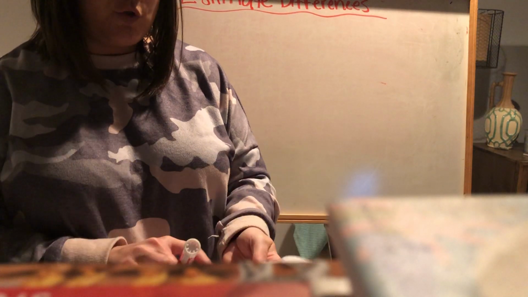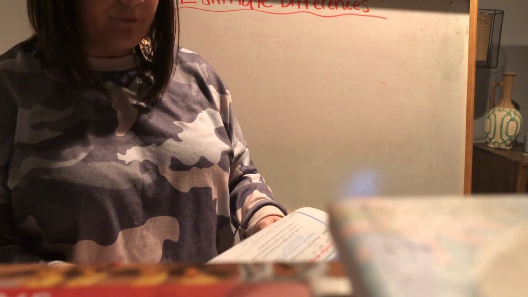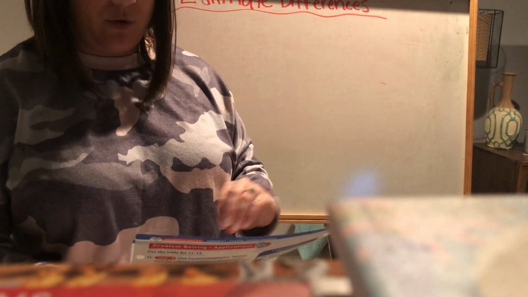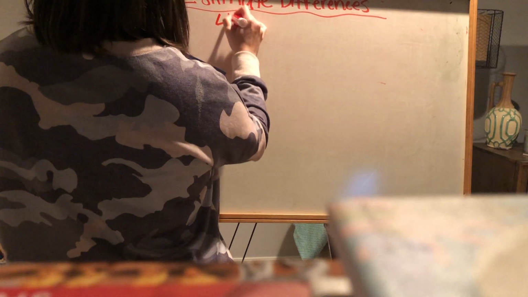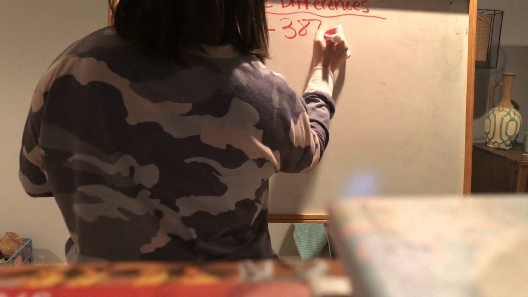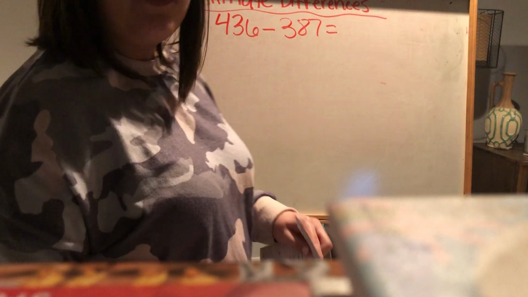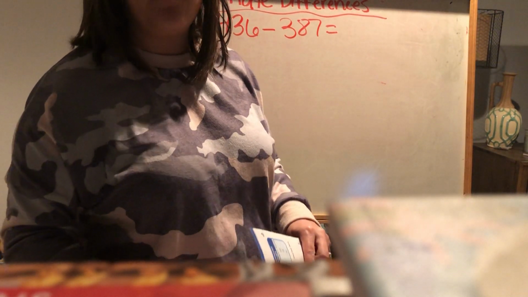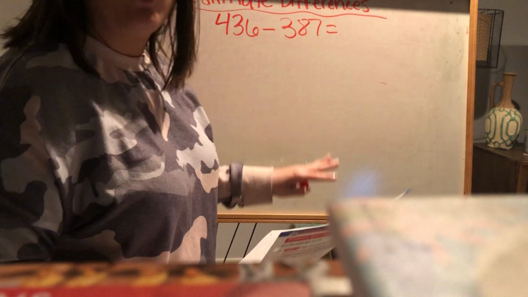So I am going to start with another way. We're going to be using place value to round. Okay, so I'm going to start with 436 minus 387. Now, remember, same type of things that we learned from last week's videos and this week's videos, but now we are going to subtraction, so there's no more addition.